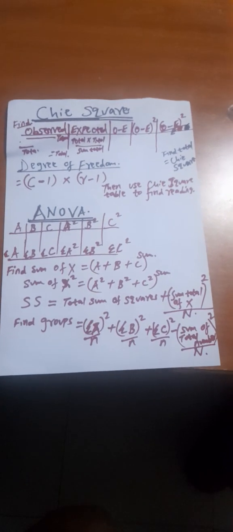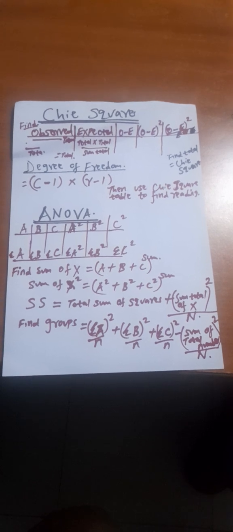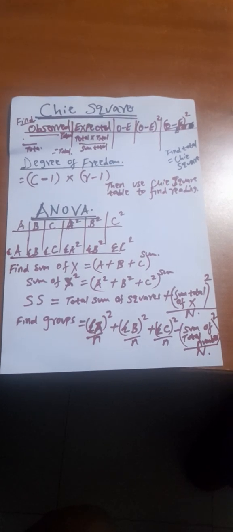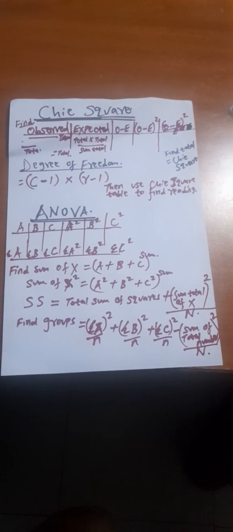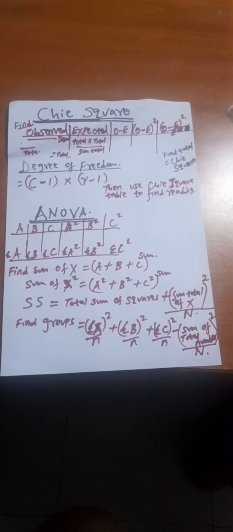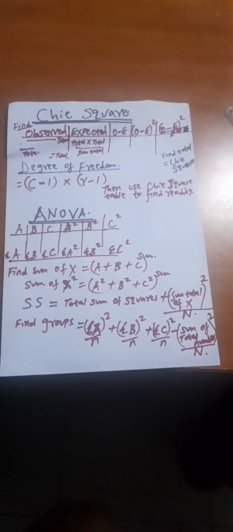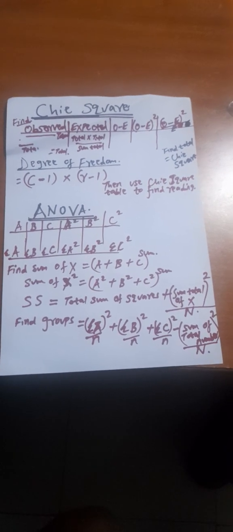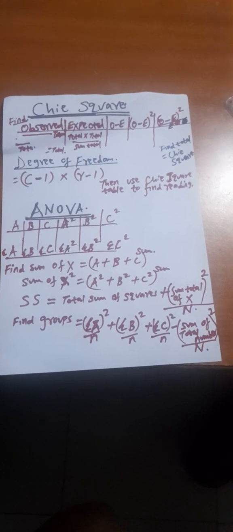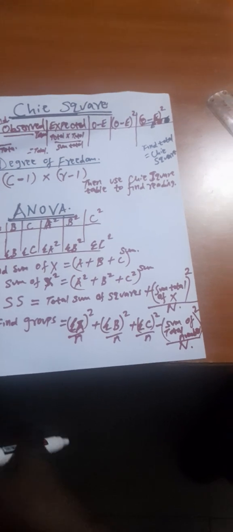What is this N that we are speaking about? For the first one, summation of A squared over N, our N is the values, the data given. Let's say we have been given around 5 data set. Let's say 2, 4, 6, 7, and 8. Those 5, so it means it's a 5 data set. So it will be over 5. Maybe again for B, maybe you have been given 6.